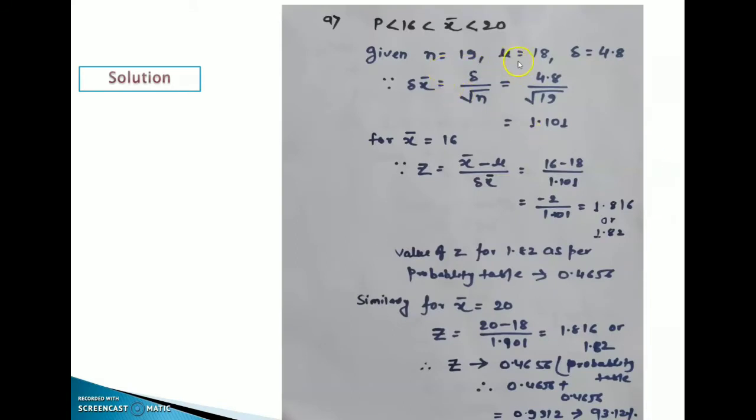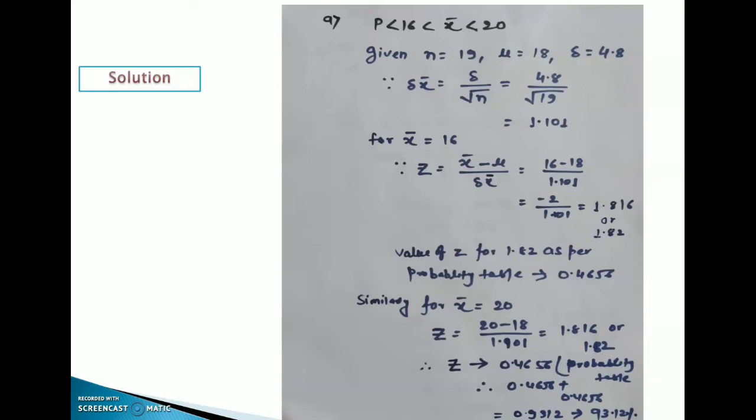So here the mean is for the population, mu is 18, and the standard deviation sigma is 4.8. So here we have been given n equal to 19, mu equal to 18 and sigma equal to 4.8.